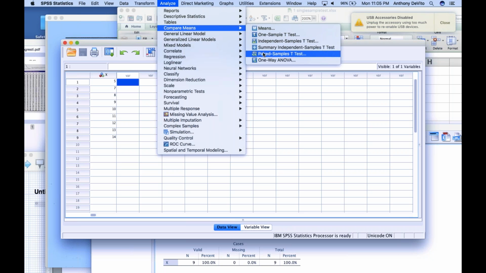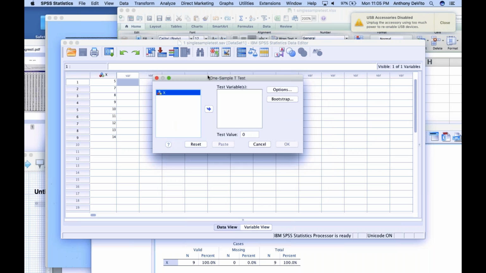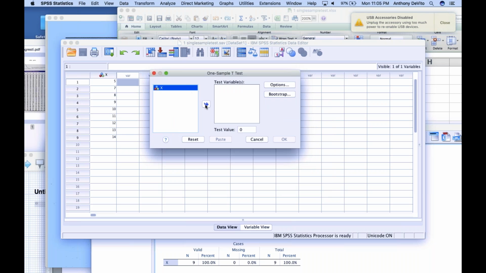That's a special kind of t-test that we'll discuss shortly. Okay, maybe not tonight, but what we did now was a one sample t-test. Okay, well, how am I going to do this? Well, one sample t-test, I'm going to move the test variable in there. That's my sample. Well, the test value is the mean that I'm comparing it to.